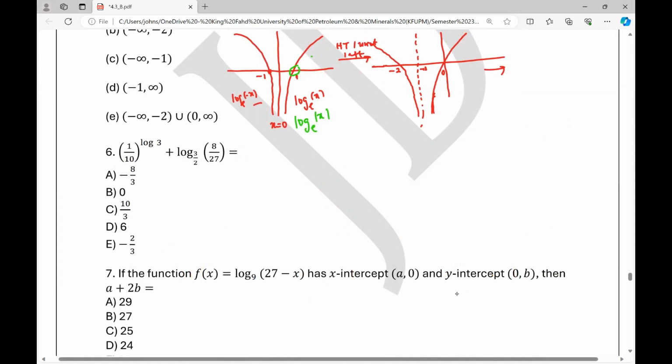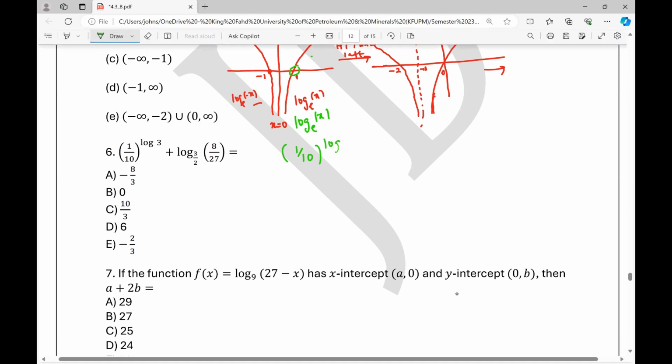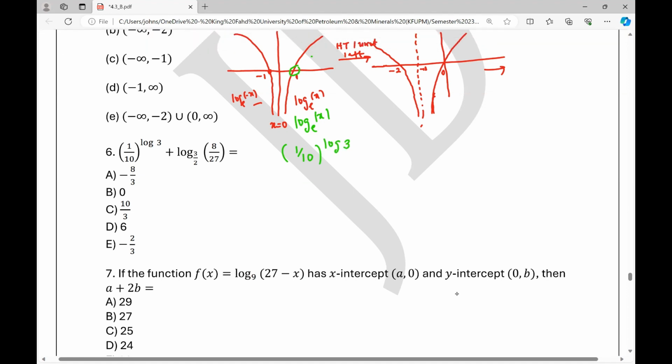So let's look at this one. This is 1/10 all to the power log 3 plus this. So what we can do is just simplify. So this is 1/10 with log 3 as the power, right?